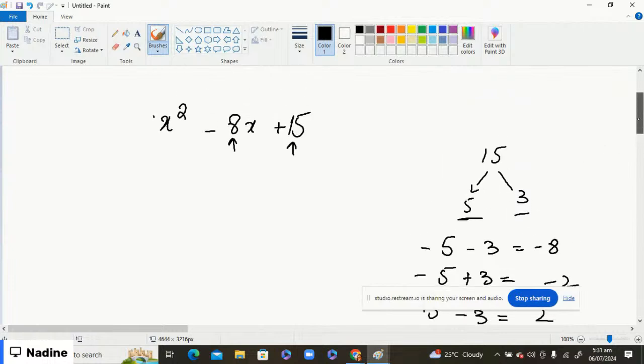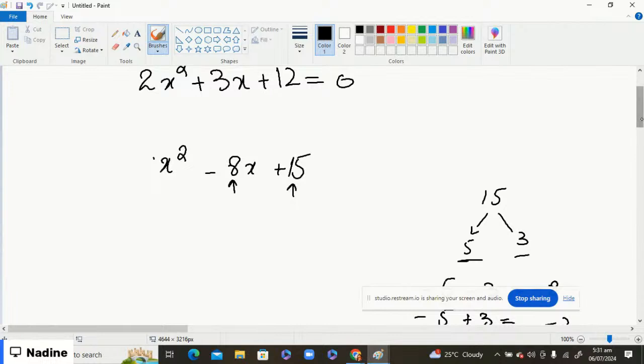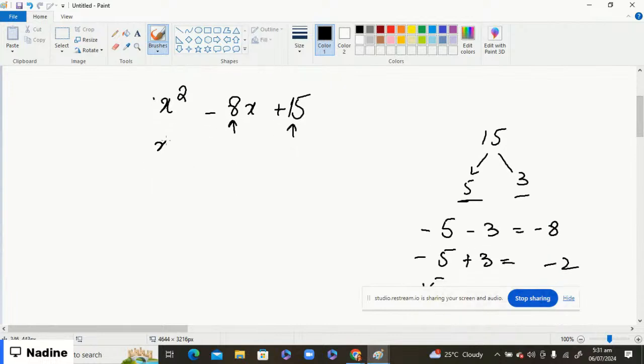So both need to have a negative sign. So when you solve it, here I'm going to put x square minus 5x minus 3x plus 15. Look, when you multiply these two, you get 15. Then when you add, you get the answer 8.